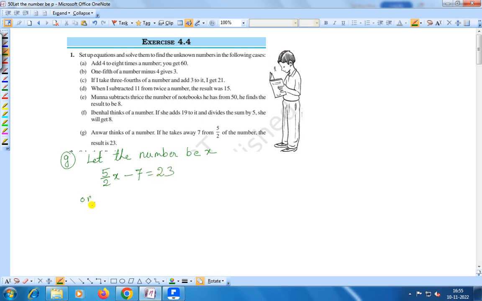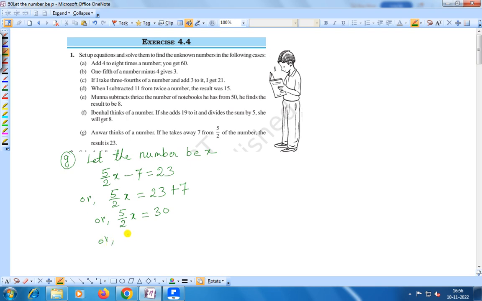Or 5 by 2 x is equal to 23 plus 7, if we transpose 7 on the right hand side, that is 30.